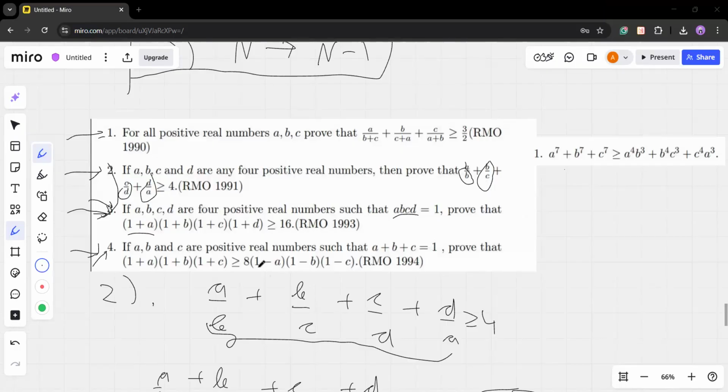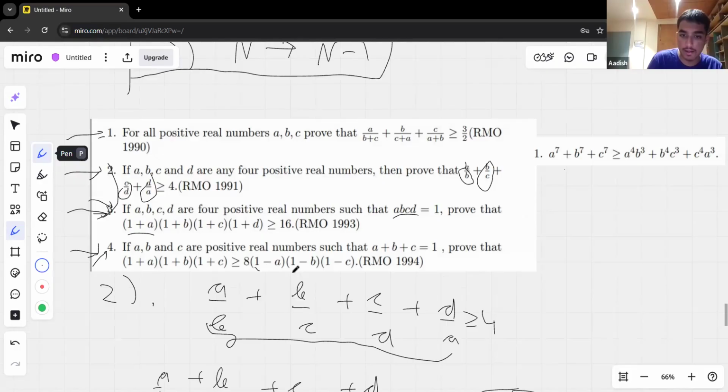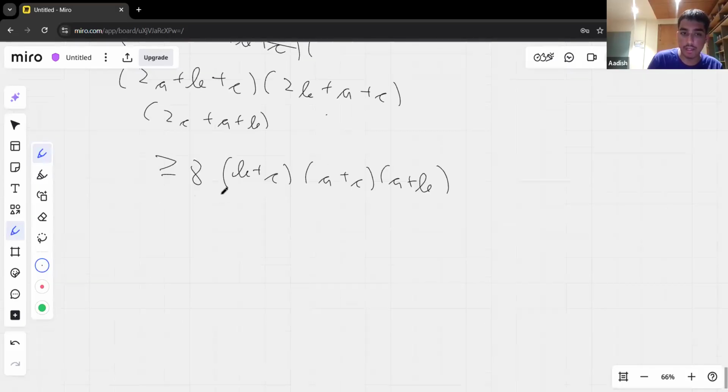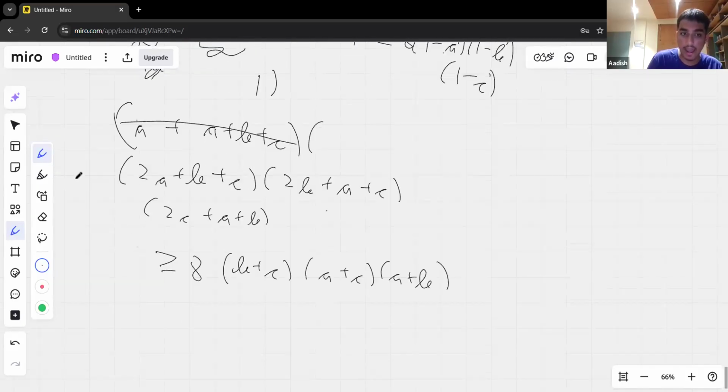So wherever I have 1 in here, 1 here, 1 here, 1 here, I replace it by A plus B plus C. Because 1 is just A plus B plus C. And when I write down what I get, I have to prove this. I have still not proven this, but it suffices to prove this.